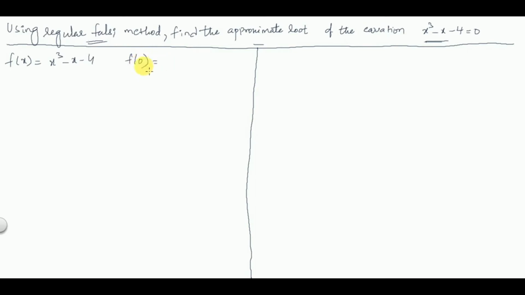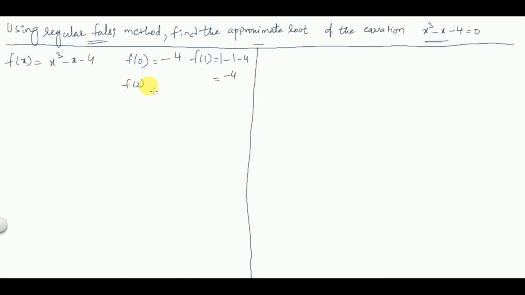So I'm taking 0. When you take 0, it becomes 0 minus 4, which is minus 4. Now I'm taking 1. When you take 1, what you get is 1 minus 1 minus 4, which is minus 4 only. So the root does not lie between 0 and 1.